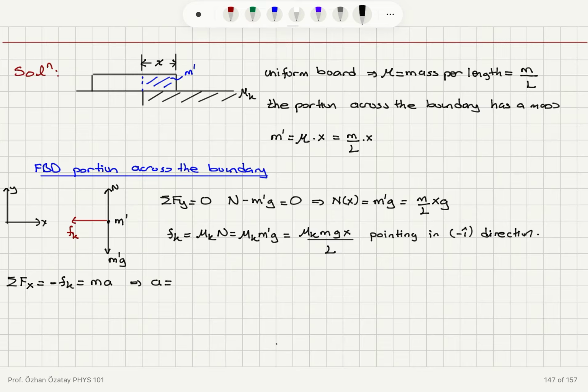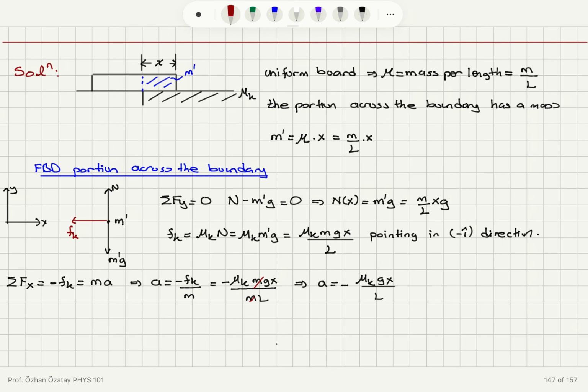So I find that the acceleration is minus Fk magnitude divided by m, which is minus mu k m g x divided by m L. The m's will cancel, so I see that this board will be decelerating. The acceleration is negative, minus mu k g x divided by L.